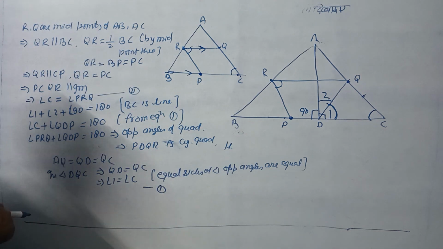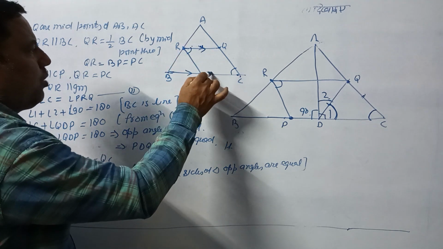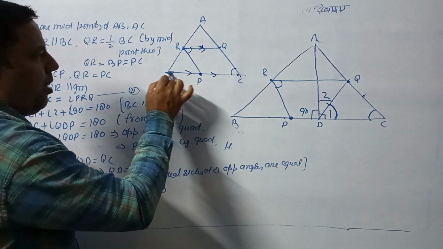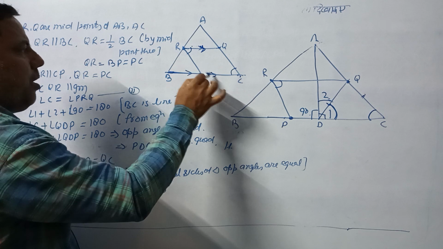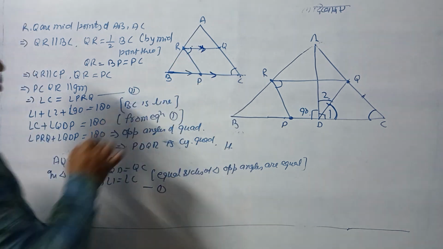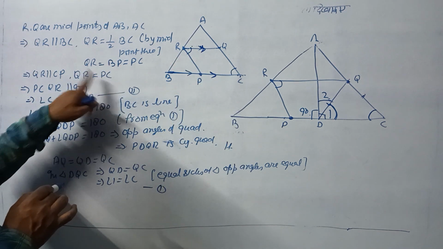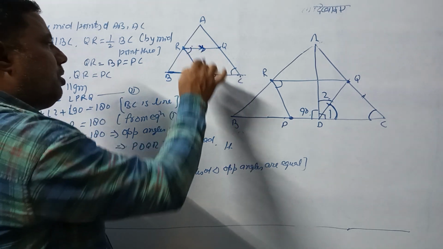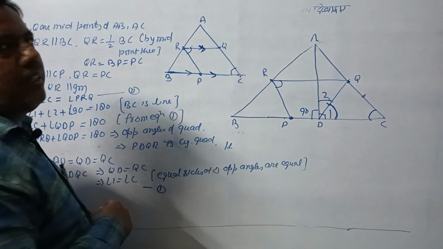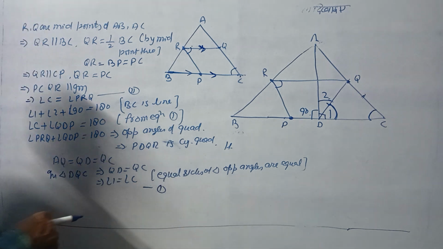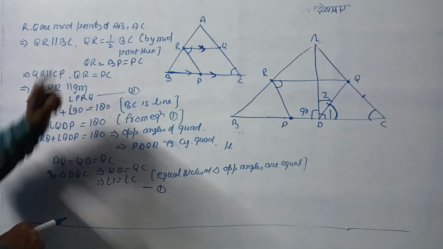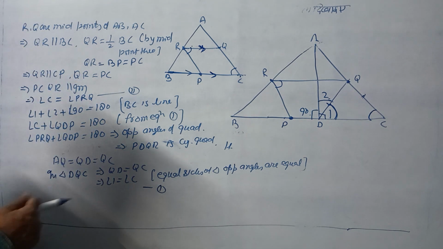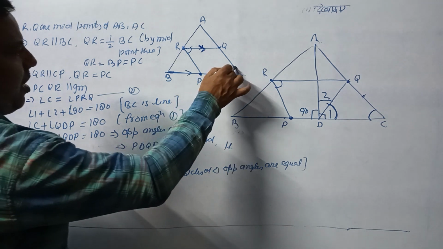From that we observe that QR parallel to BC, and QR equal to PC also. Here we prove, we know that in a quadrilateral, if one pair of opposite sides is parallel and equal, then it is a parallelogram. Therefore, PCQR is a parallelogram. In a parallelogram, we know that opposite angles are equal.